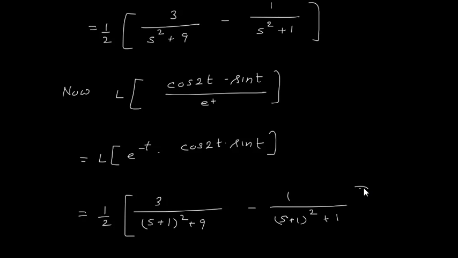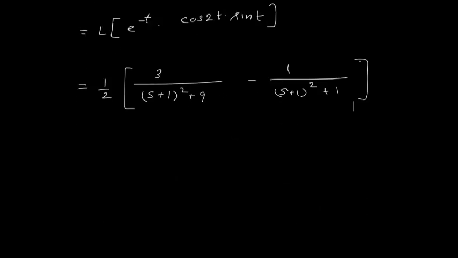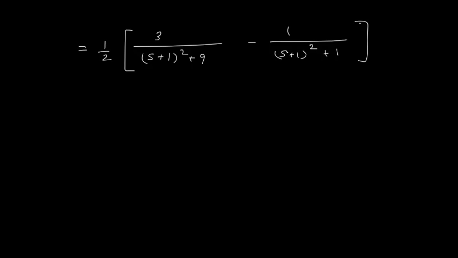Now let us simplify this. This is equal to 1 by 2. Now you can open the denominator. Simultaneously I will do both things, cross multiply and open the denominator. So (s plus 1) whole square plus 1 gives s square plus 2s plus 1, and this 1 plus 1 gives 2.